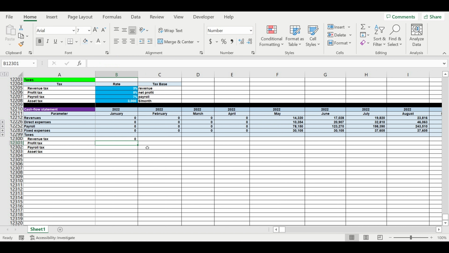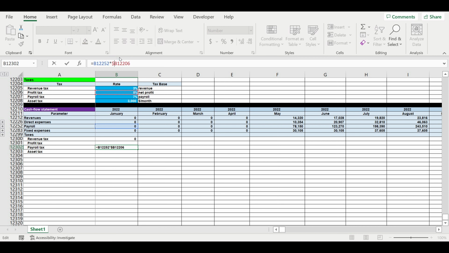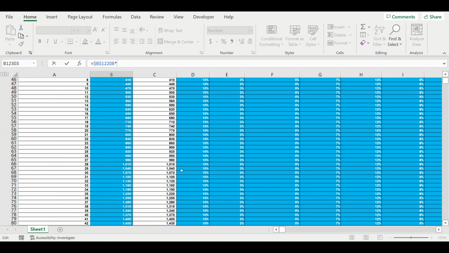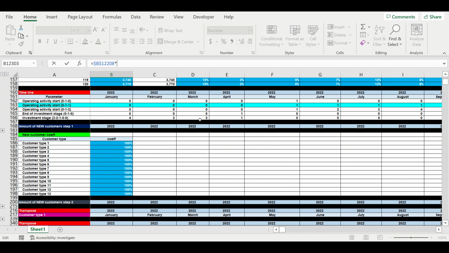Profit tax we will calculate a little bit later. Payroll tax, payroll is here. Asset tax, we go up to the timeline to the correct block and find it here.